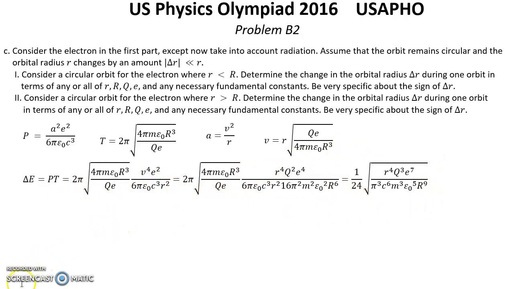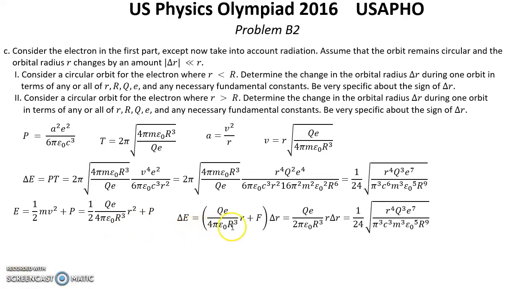But on the other hand, we have energy equal to kinetic energy plus potential energy. Or we have v squared, this one from here, and this is the formula for full energy. And we can write the change of this energy when we change the radius by delta r. That will be this expression plus force.